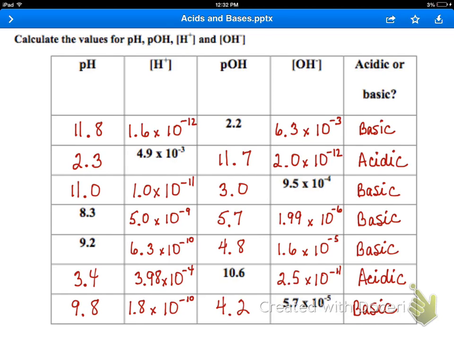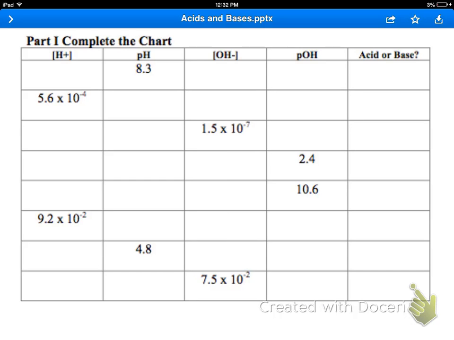Okay, well, hopefully that went well. If you had any big troubles with calculating pH, be sure to see your teacher, and they will help you. We're going to do another chart just for practice. Same thing. You figure out the chart, work on it with your calculator, use the equations, don't try to do them in your head, don't try to memorize them, and then pause the video, and then play it when you're ready to check and see how you did.